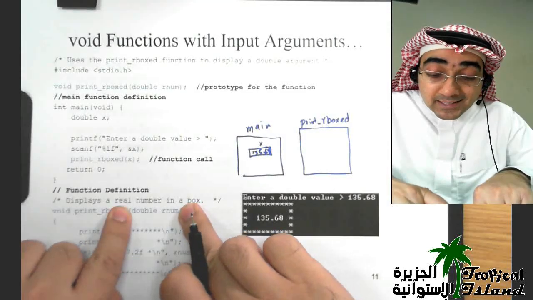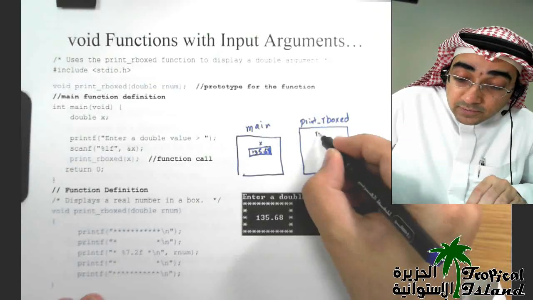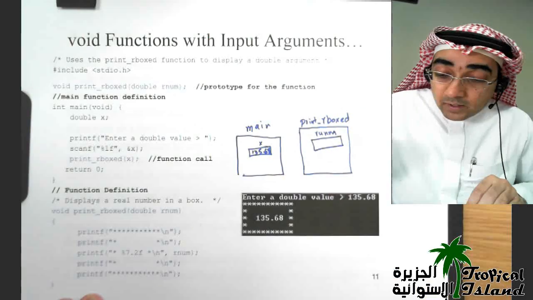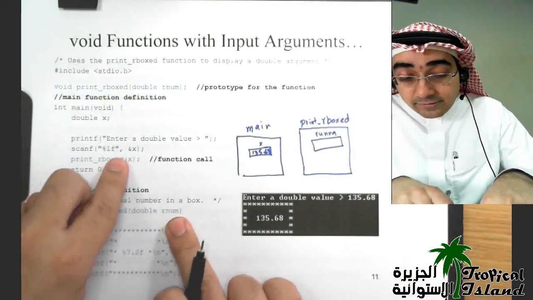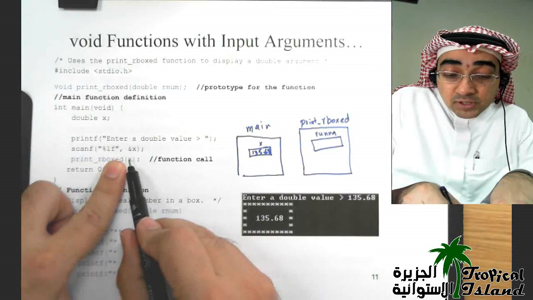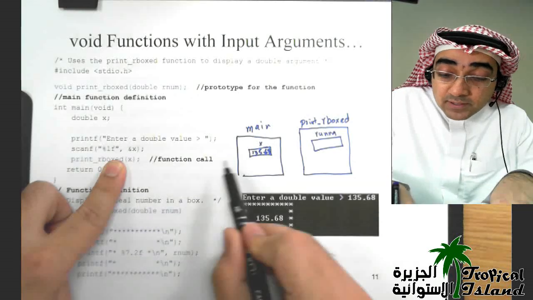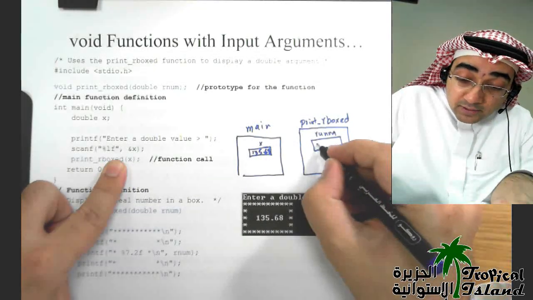Whatever is declared as an input argument between the two brackets, you're going to declare it. So you're going to declare our num in the print box memory, and then you're going to pass it the value that the calling function is passing it. What is it passing it? It's passing it the value of x. What is the value of x? 135.68.